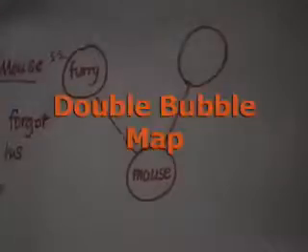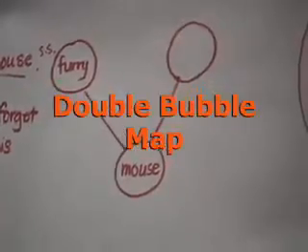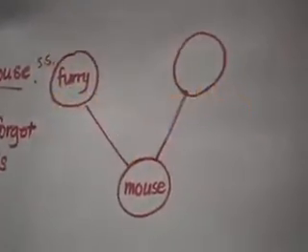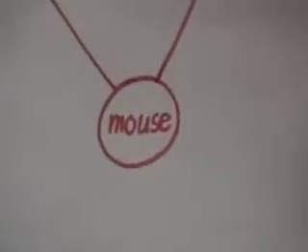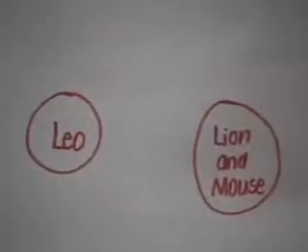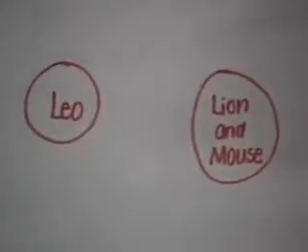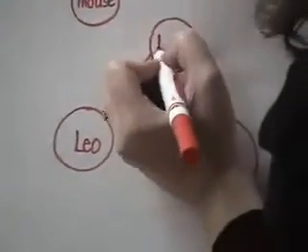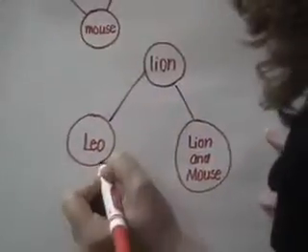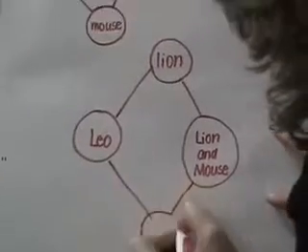Yes. Bailey? We could do a double bubble. What would you do a double bubble for? Like we could compare How Leo Learned to Be King and The Lion and the Mouse. What would you put in the middle of your double bubble? They're both lions and they both have a mouse. Both stories had a lion in them, and both stories had a mouse in them.